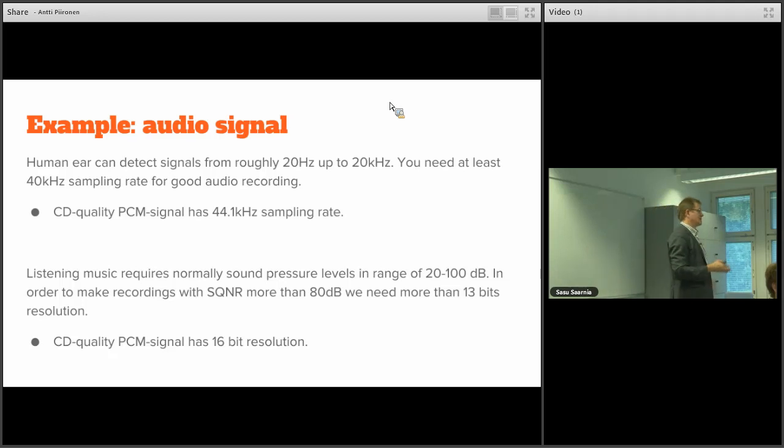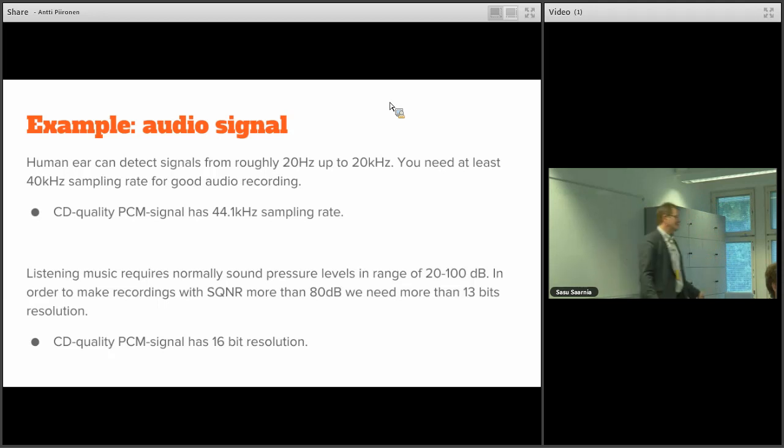So you need to sample also the 20 kilohertz signals, which means at least a 40 kilohertz sampling rate, and that 44.1 actually comes from some history plus 10% for the anti-aliasing filter. Okay, and the rest is history.